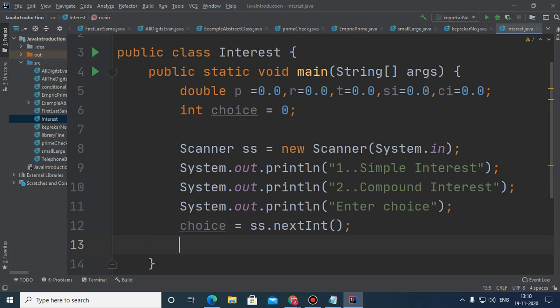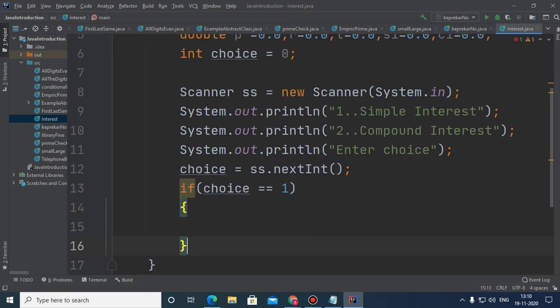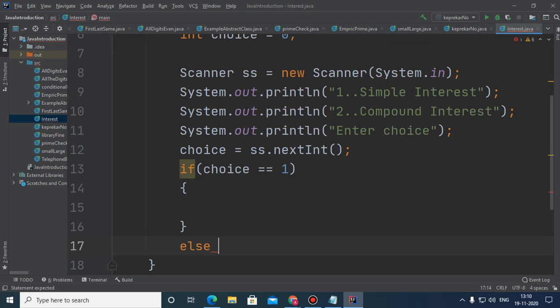Now children, in order to do menu driven, you have to use if else if. So here if choice is 1, we have to do something. If choice is 2, we have to do something.